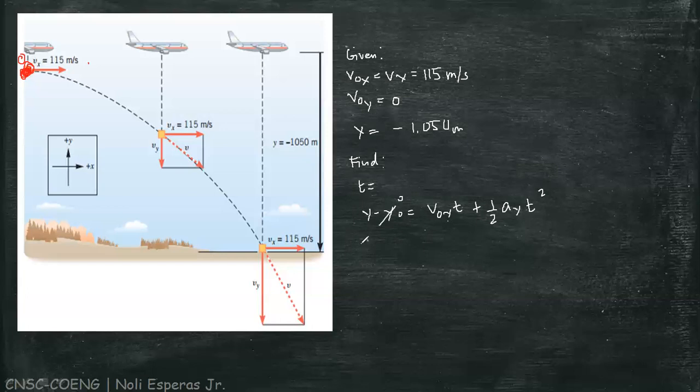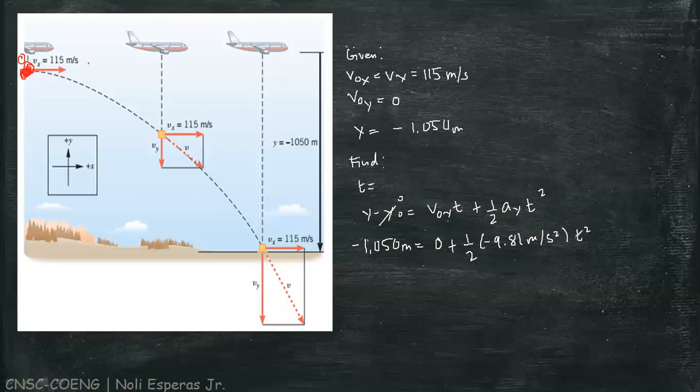So substitute the value, we have negative 1050 meter is equal to initial velocity of y component is equal to 0, plus 1 half, and ay is negative 9.81 meter per second squared times time, which is what we are looking for.